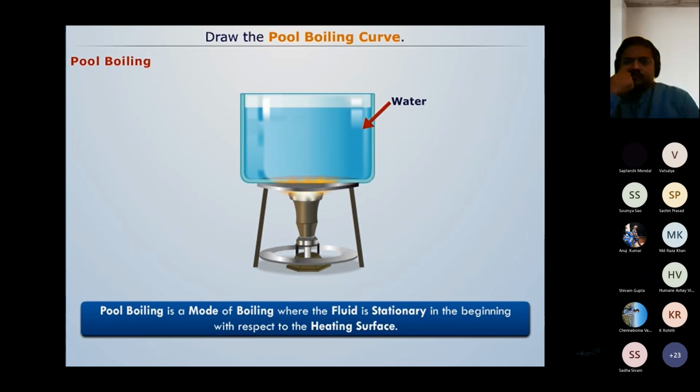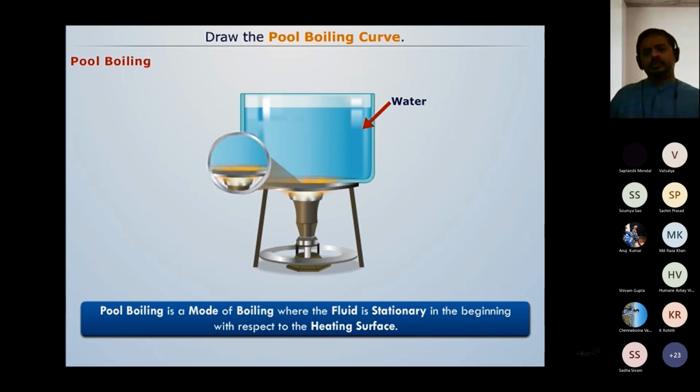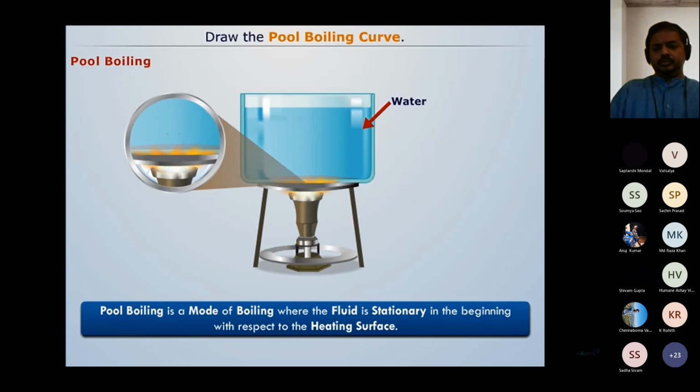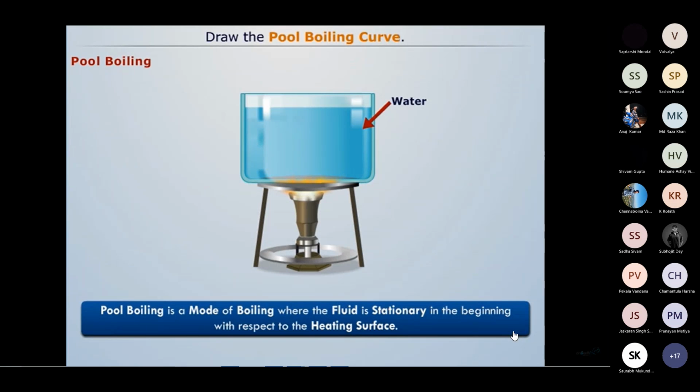As the heat gets transferred from the bottom surface of the vessel to the stationary water, it starts rolling up and down. Then bubble formation takes place, and after some time, the water gets boiled. This process is a pool boiling process.